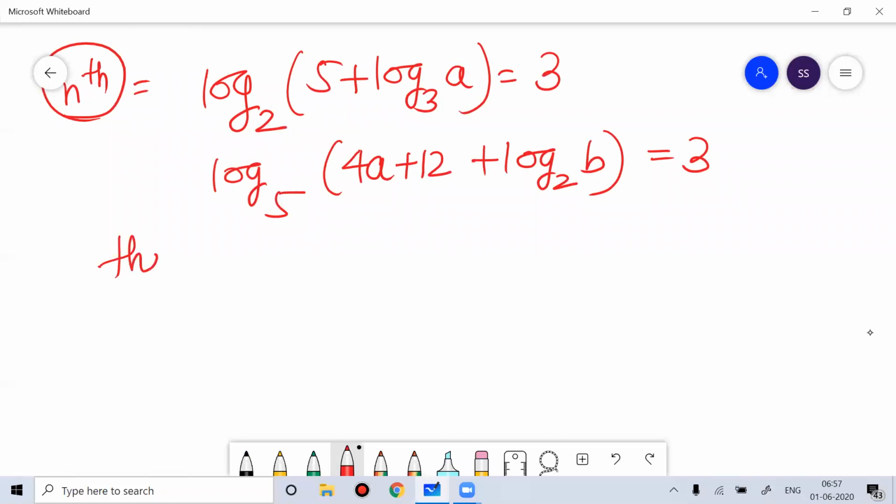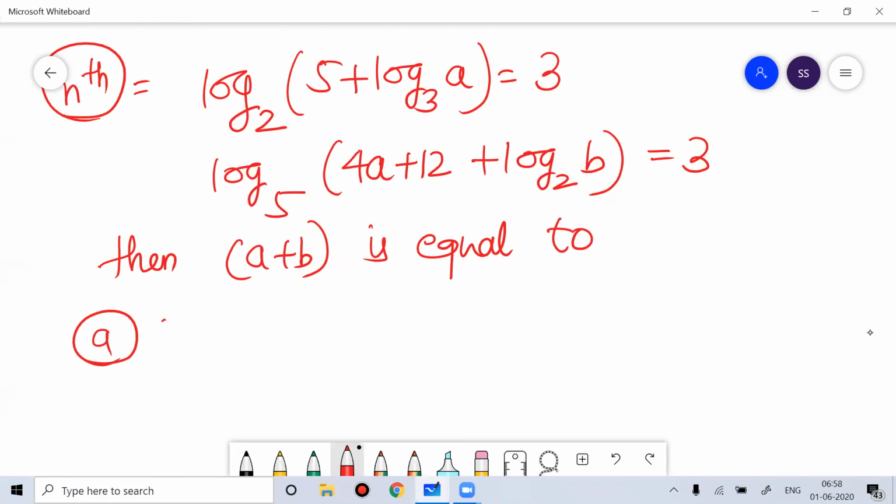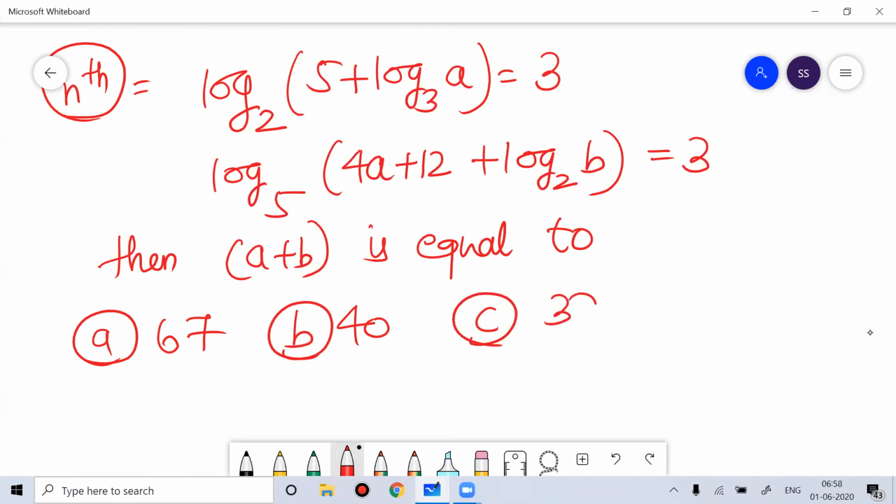Then a plus b is equal to, options are A 67, option B 40, option C 32, option D 59.